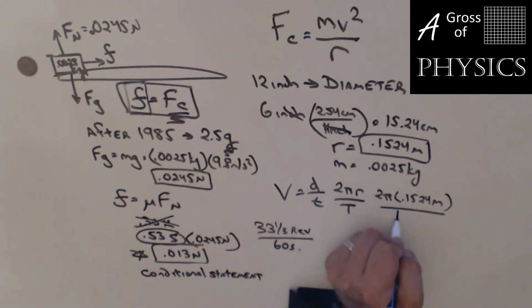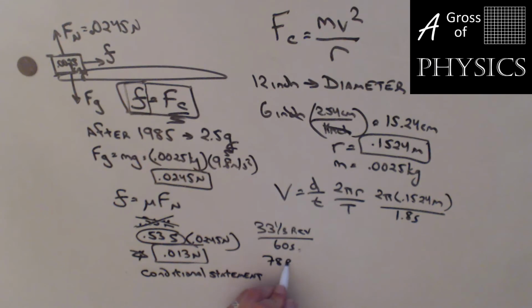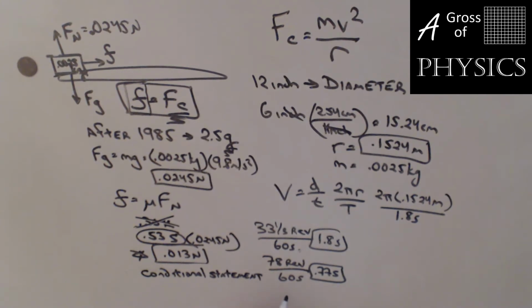So the time period is 1.8 seconds. Now it's 78 revolutions per minute. We have 60 divided by 78 in this case, and we have 0.77 seconds. So this one was 1.8 seconds, and the other is 0.77. So what we have is two different solutions we're going to look at.